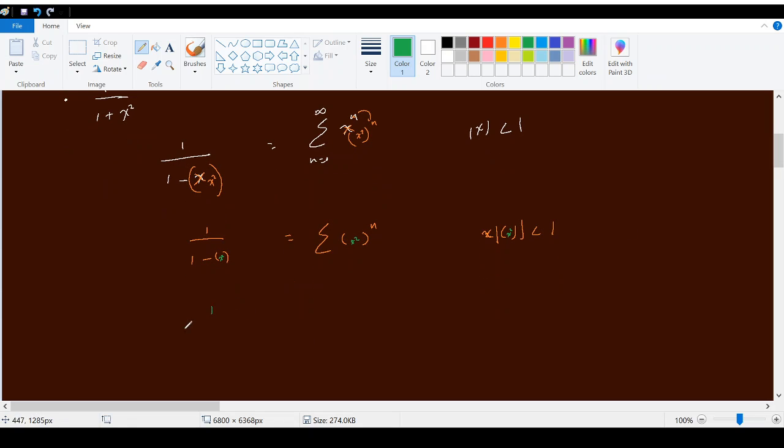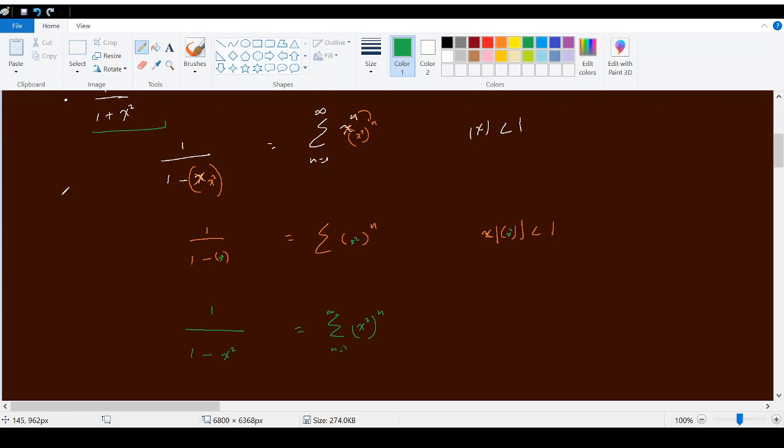Then what we have is 1 over 1 minus x squared is equal to the sigma of x squared to the power n. But still this is not the function that we need, right? We need 1 over 1 plus x squared.